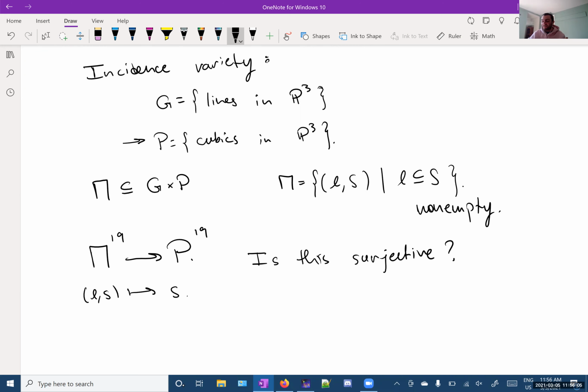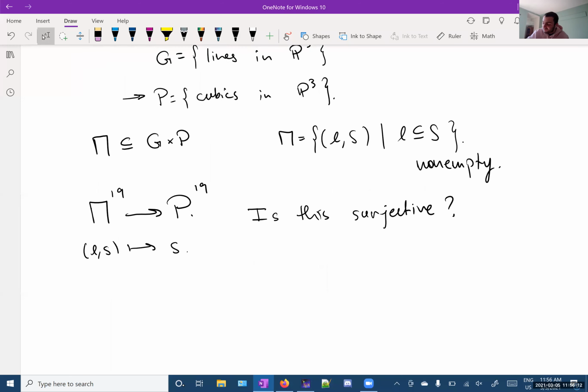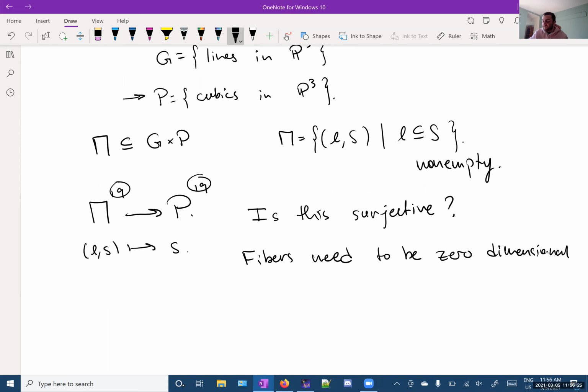And so to check that this map is surjective, using some theorems from algebraic geometry, it actually suffices to check that the fibers have to be 0-dimensional, because these have the same dimension right here. And then to check that the fibers are 0-dimensional, we can black box some other theorems of algebraic geometry, and we actually just have to check that a single fiber is 0-dimensional.